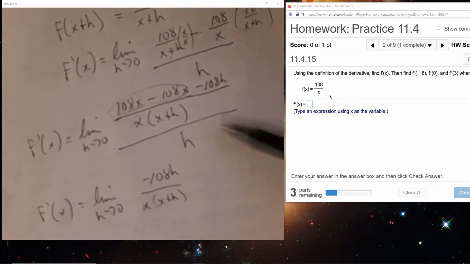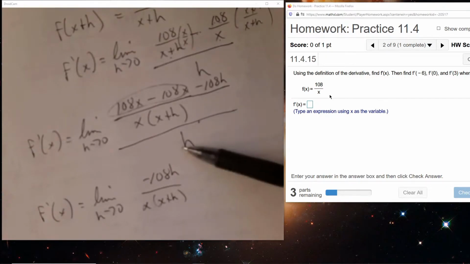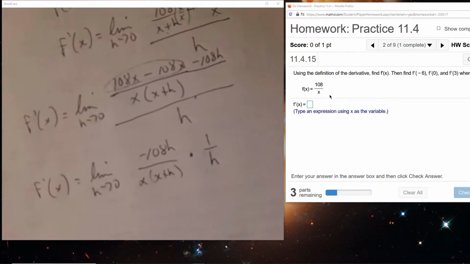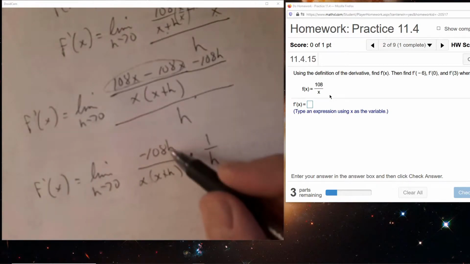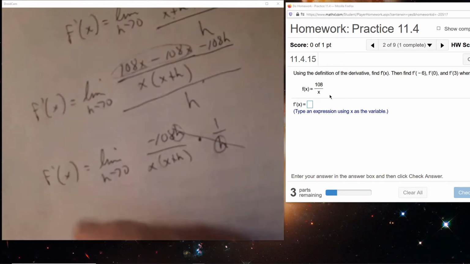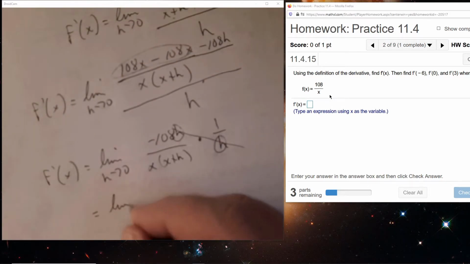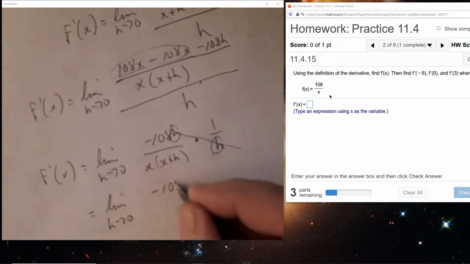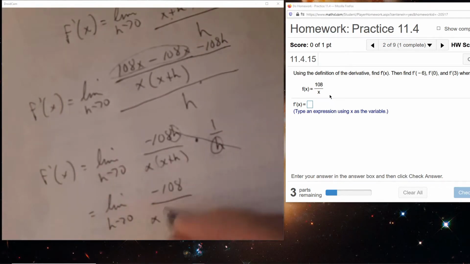Now remember, division by h is the same thing as multiplying by the reciprocal. And then you can see these h's here will divide out. And so we're left with minus 108 over x plus h.